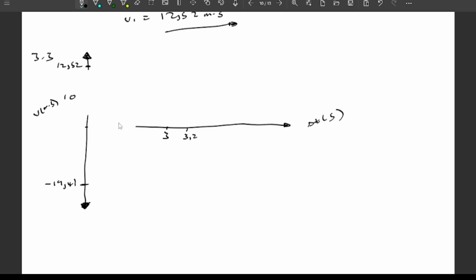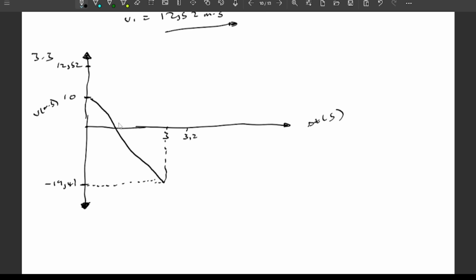Sorry, let me do this. Good, I think this is much better than those lines I was drawing. So it has to align with the 19, so I have to make it steeper, like this, and it hit here. Obviously, it needs to indicate this.